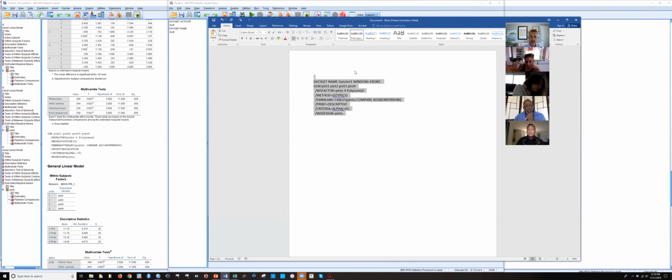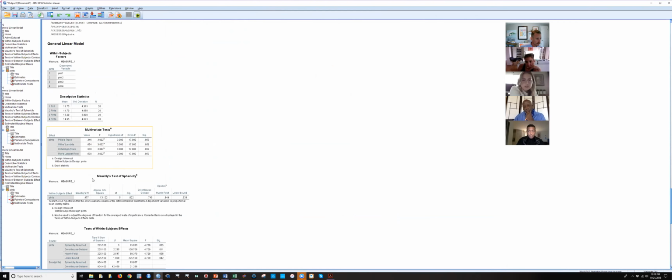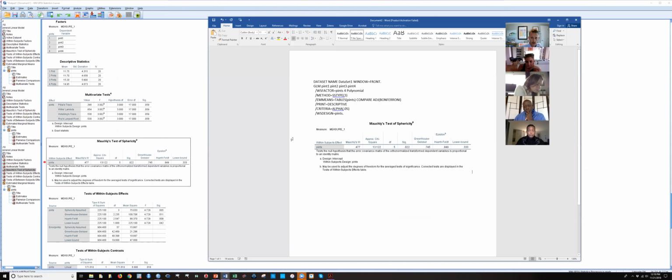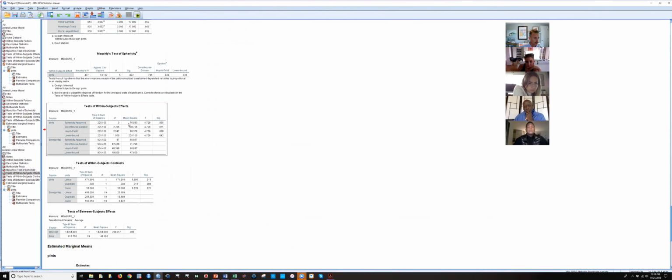I don't need that much spacing because that's ugly. You'd want to include copy as image. You're going to want to include that in there.